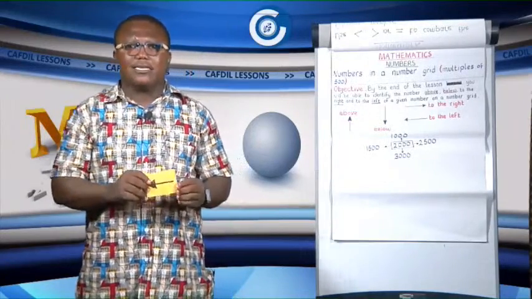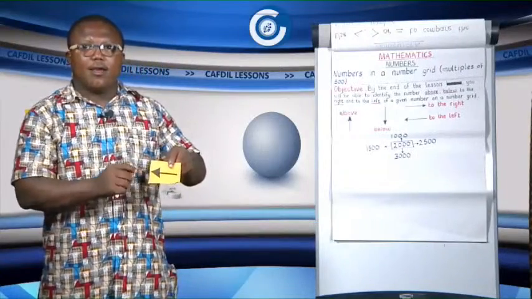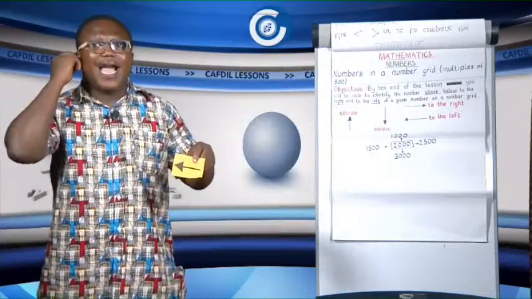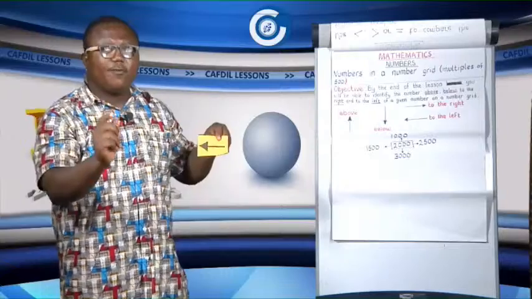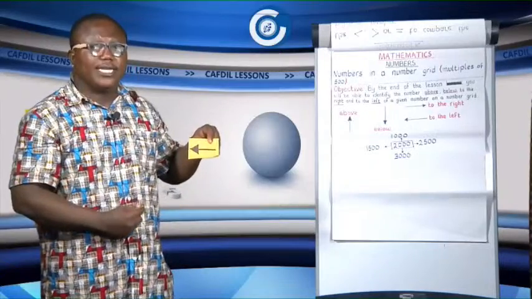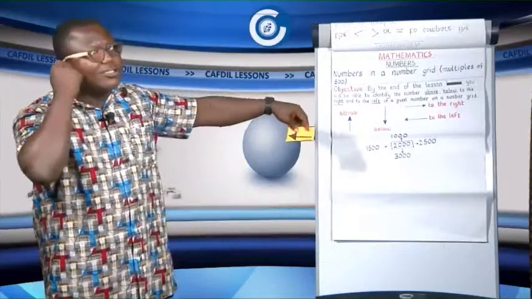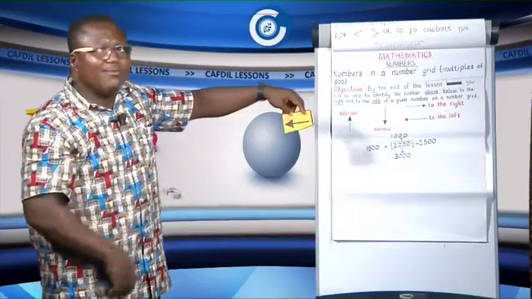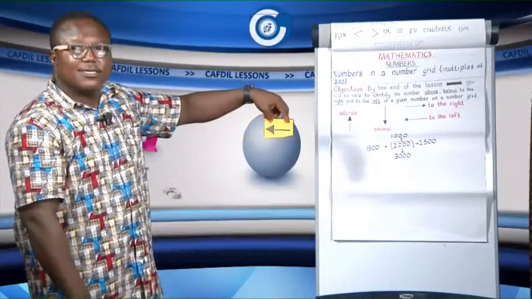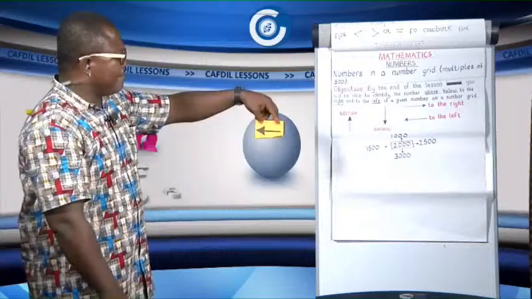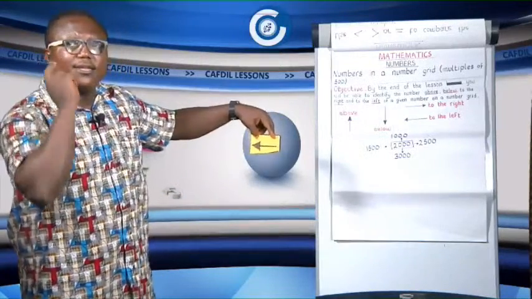Now let us look at this. Where I stand will be different from where you see it. So this one, I'll place it there. We'll all see it in the same direction. Where is this arrow showing?